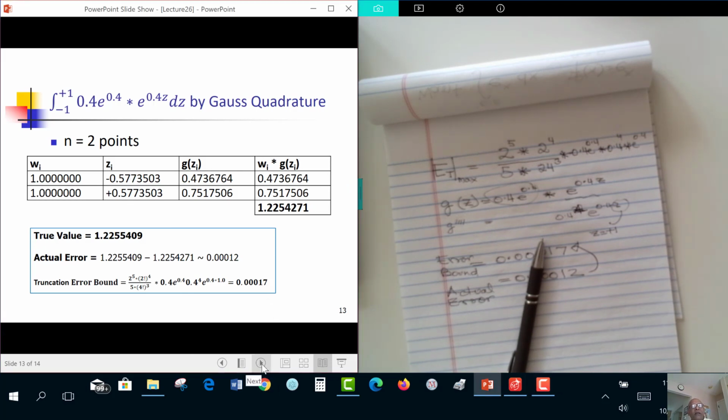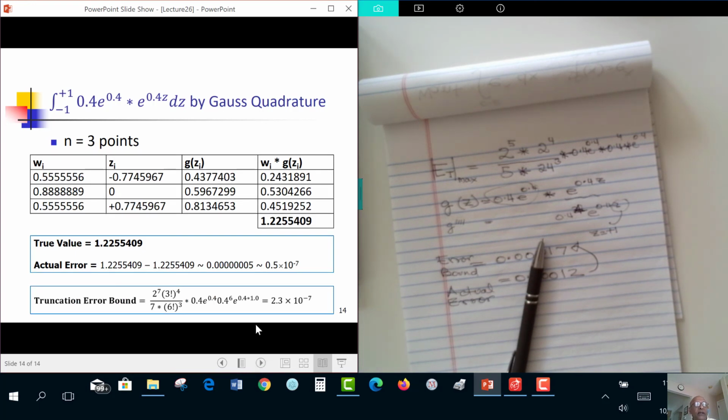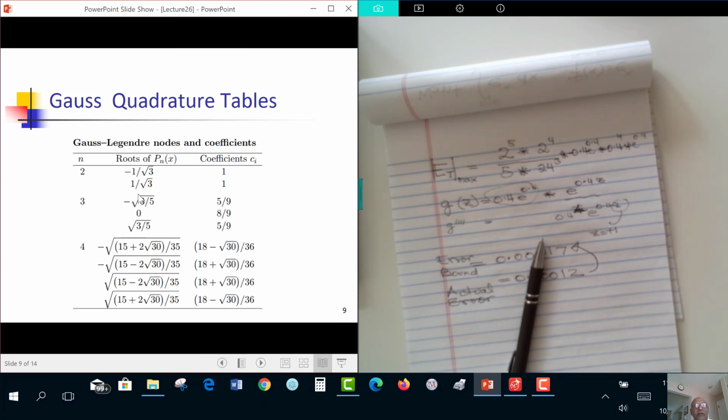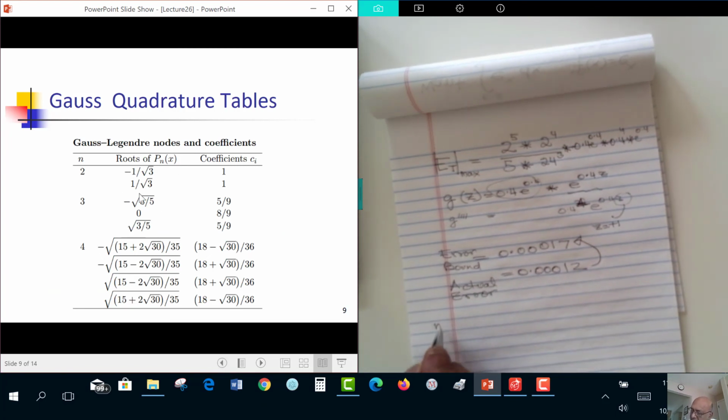So let's see the same thing if we were to do 3 points. So remember, we have transformed our example problem. This is e to the power x dx. So we have transformed it from f(x) dx to g(z) dz. If you look at the table, when we have 3 points, our z can be 0 or plus minus square root of 3 over 5.